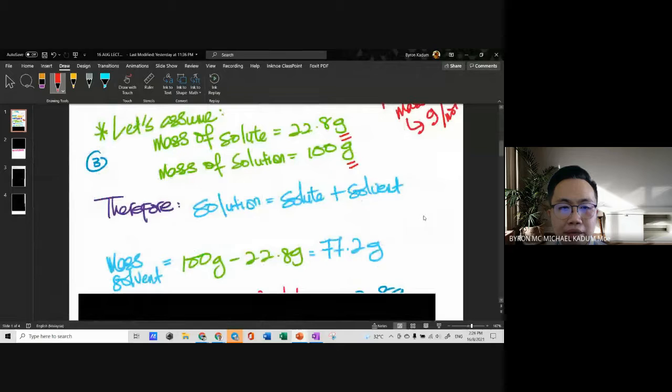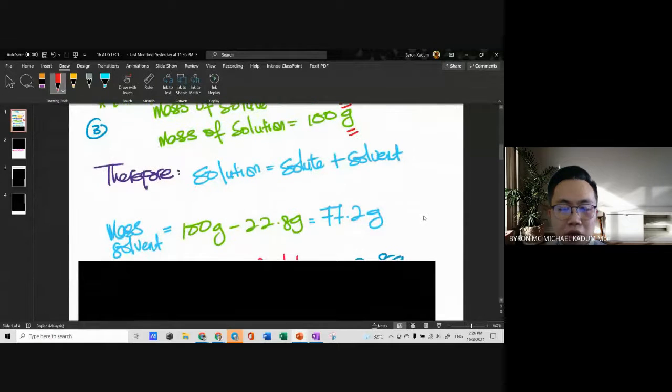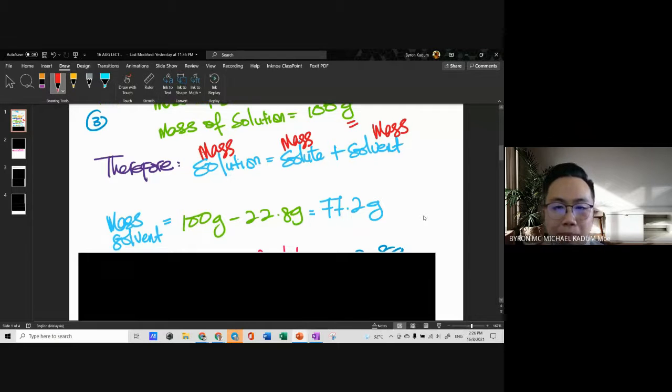Now we're going to apply that situation into this concept. Solution equals to solute plus solvent. In this case, we are talking about mass of solution is the mass of solute plus with the mass of solvent. Okay, then dapatlah mass of solvent. 1 mark over here.